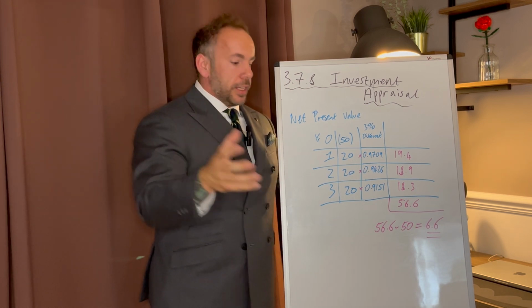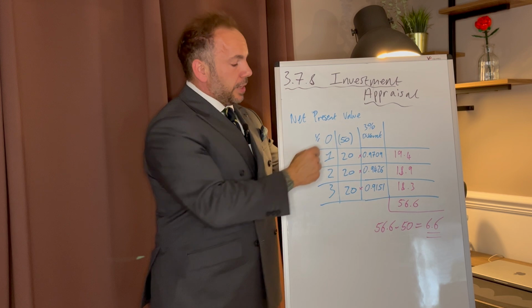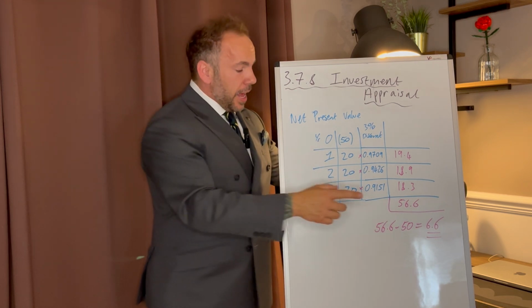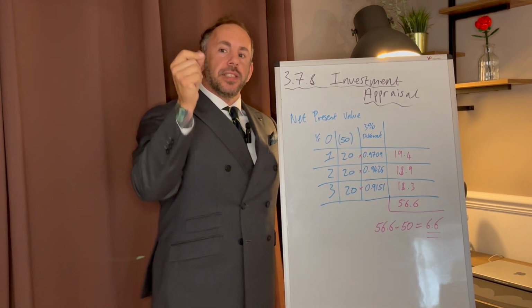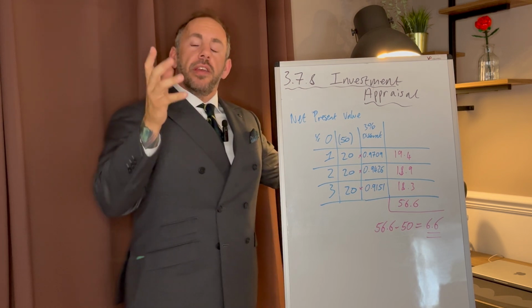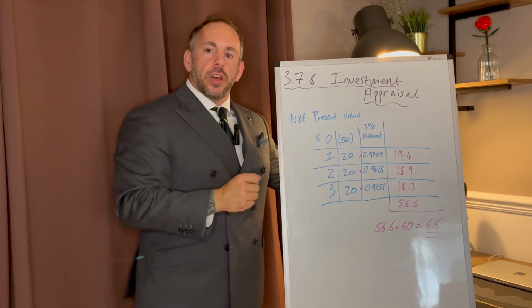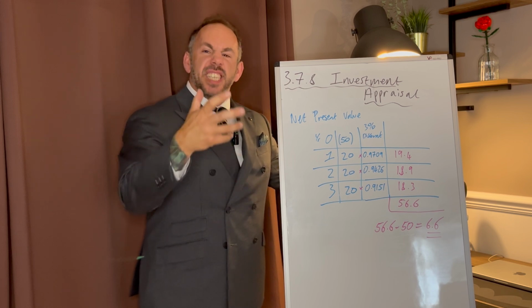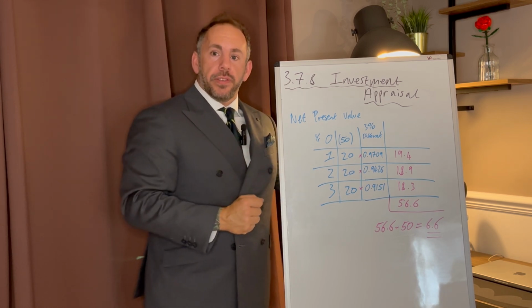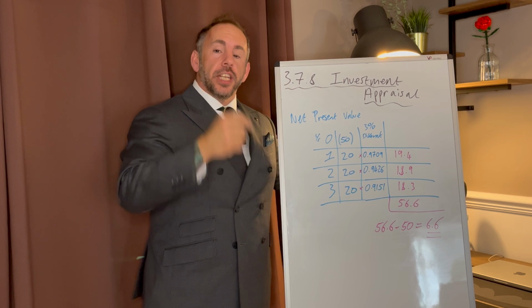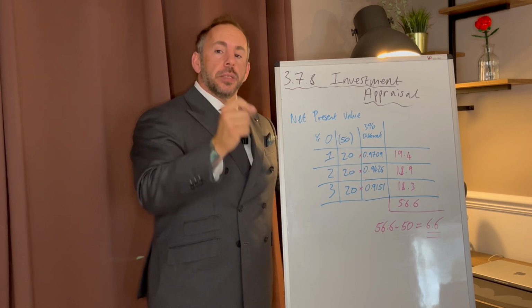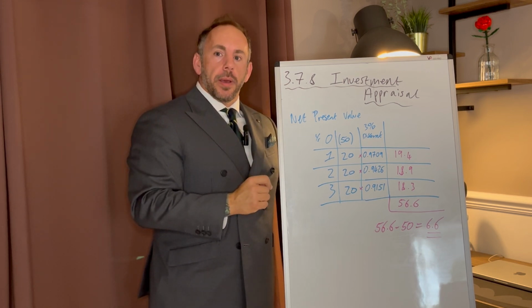And then we do what we should always do. We take that money and we take away the investment because we've got to pay for our investment. And we're left with 6.6 million profit. If you remember correctly from average rate of return, we actually calculated we would earn 10 million profit, 60 minus 50. That 10 million is only going to be worth 6.6 million in 3 years' time.